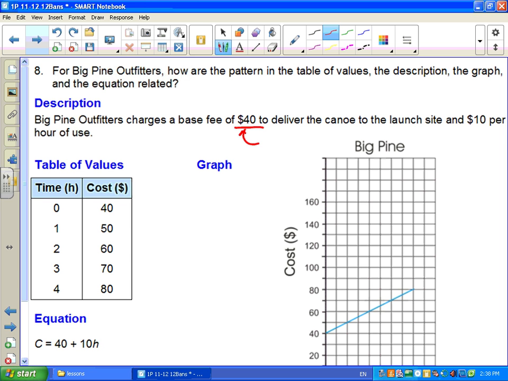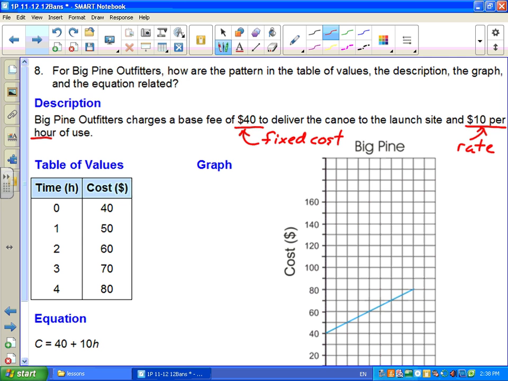This $40 here is our fixed cost, which doesn't change. And they give us $10 per hour, which is our rate.